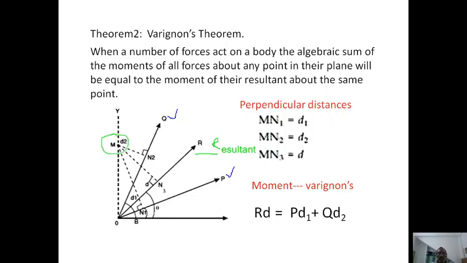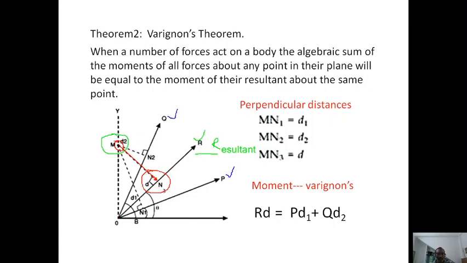So for this I can simply say that I have already found the resultant. I multiply it by the perpendicular distance to the point where the moment is required, at M. This is the perpendicular distance between M and the resultant R. The perpendicular distance should be taken at 90 degrees with respect to the force and the point.